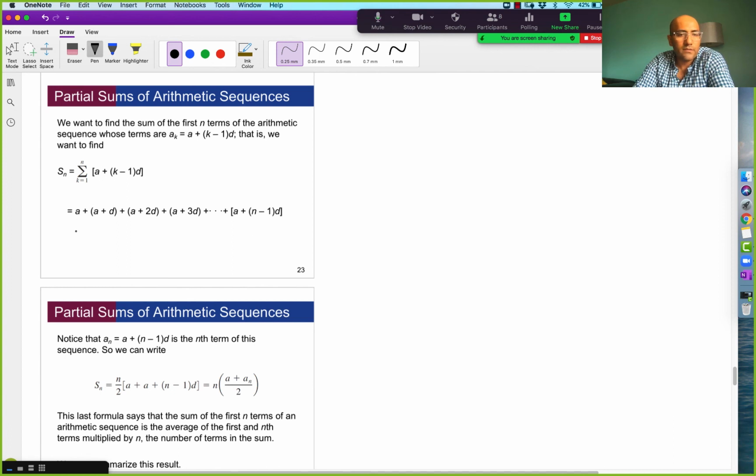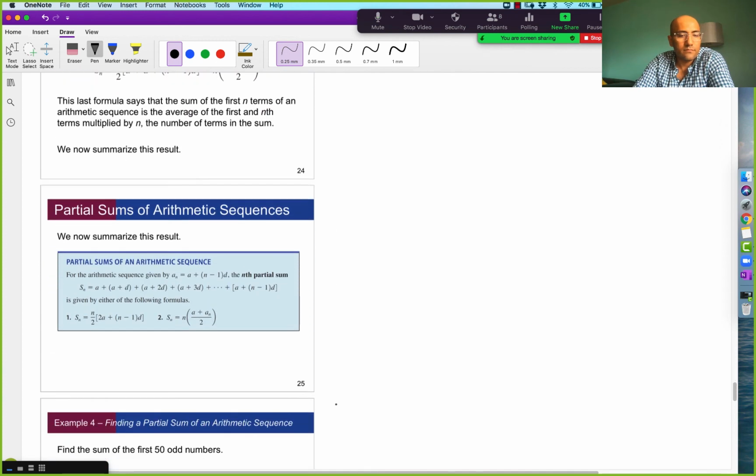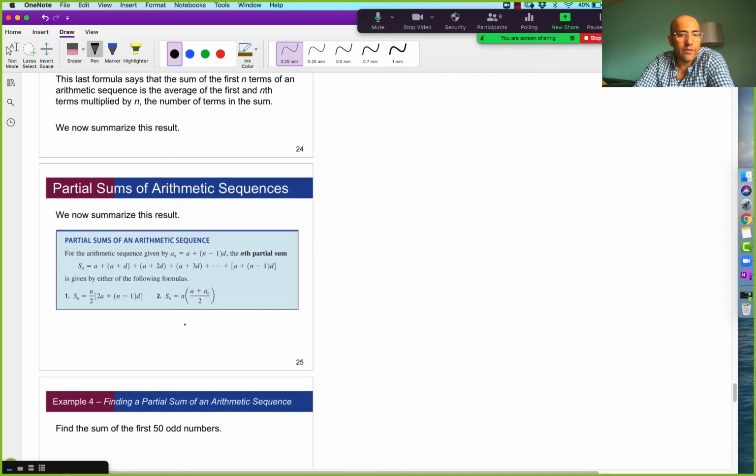Now if we want to add them all up, it looks like he didn't really go through the process of doing it, but we end up with the same formulas. So it's 2a plus n minus 1d times n over 2, or that can simplify into this, which is given in a nice little table for you to use.